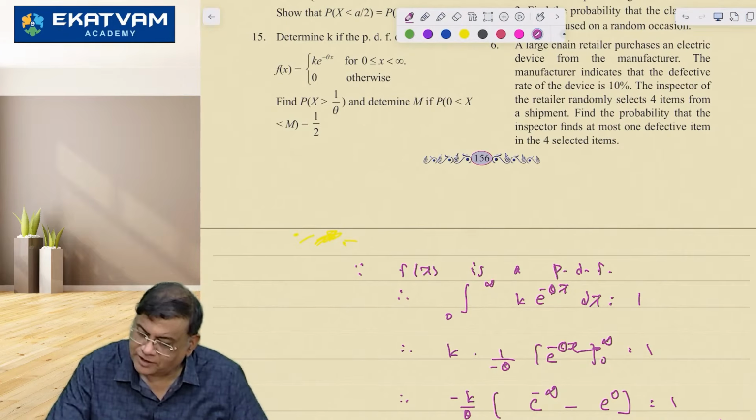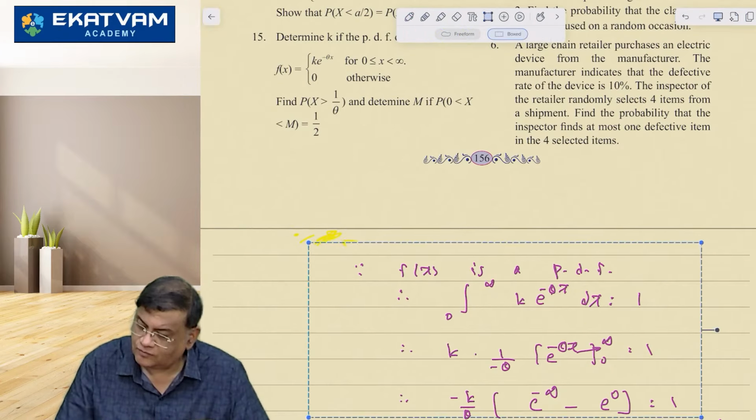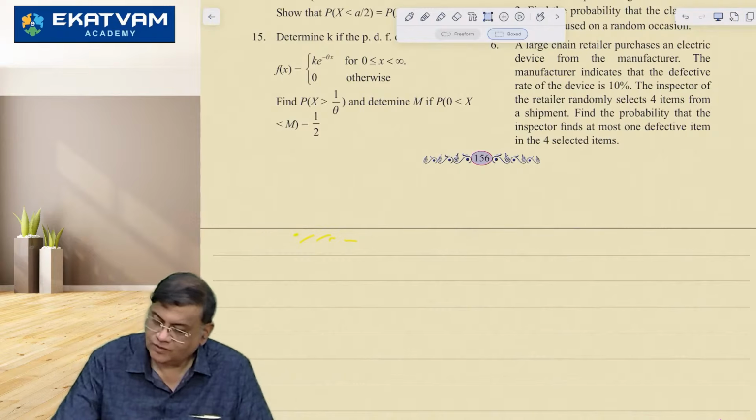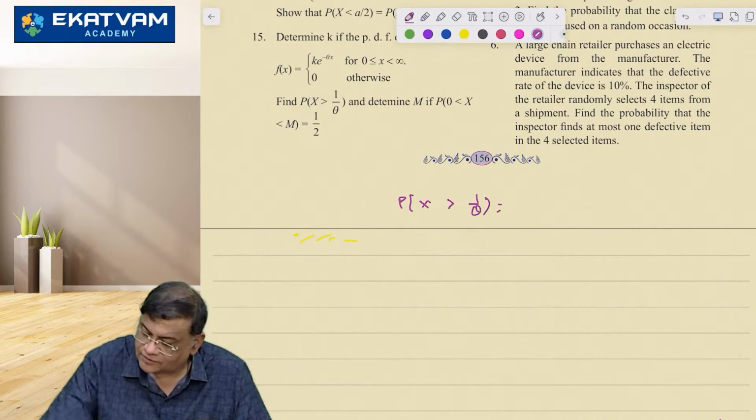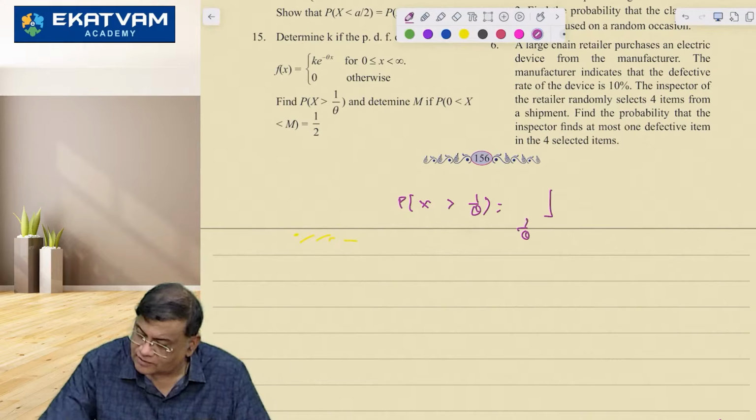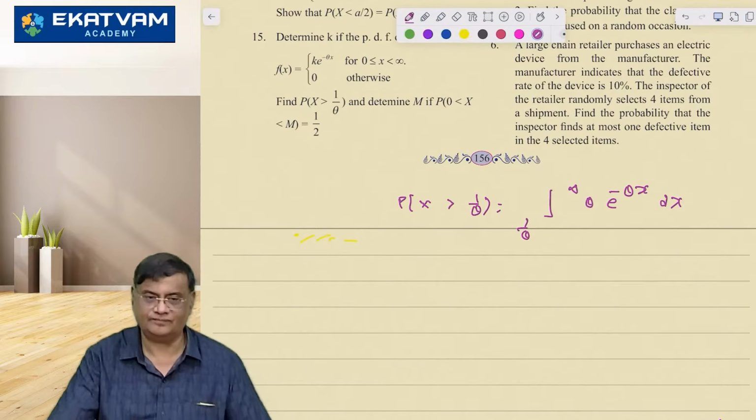Now probability of x is greater than 1 upon theta. So probability of x is greater than 1 upon theta is the integral from 1 upon theta to infinity of theta e raised to minus theta x dx.